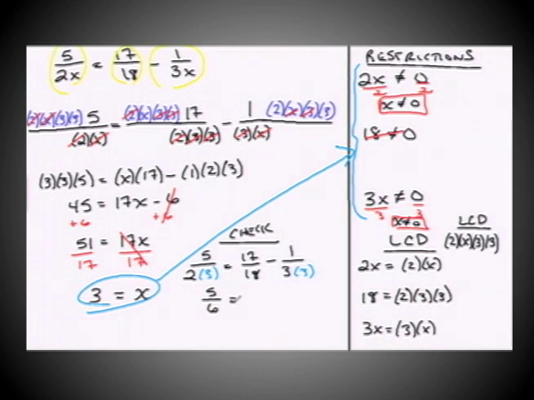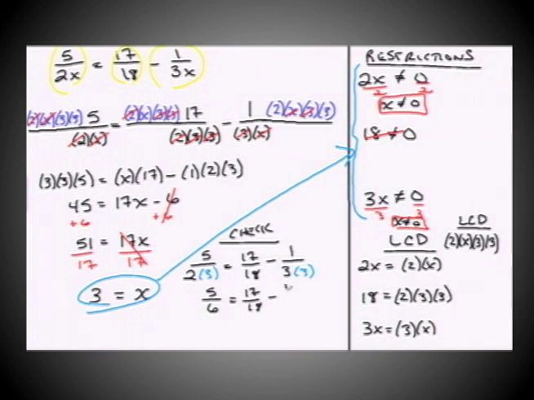Let me just remind you at this point, whenever you're checking an equation, you simplify down either side of the equation. You don't move things from side to side when you're checking. You just simplify down each side and see if you equal out to the same thing on both sides. That's the true statement we're looking for.